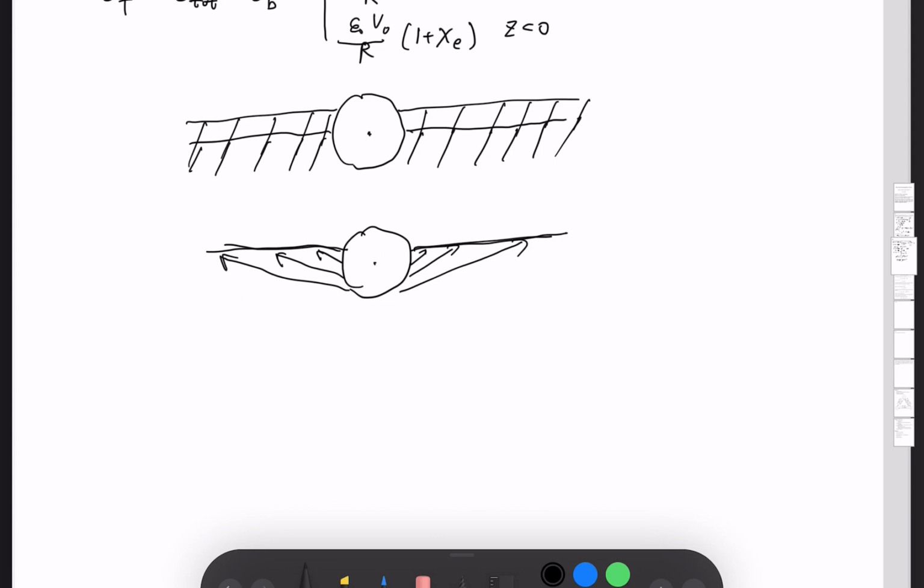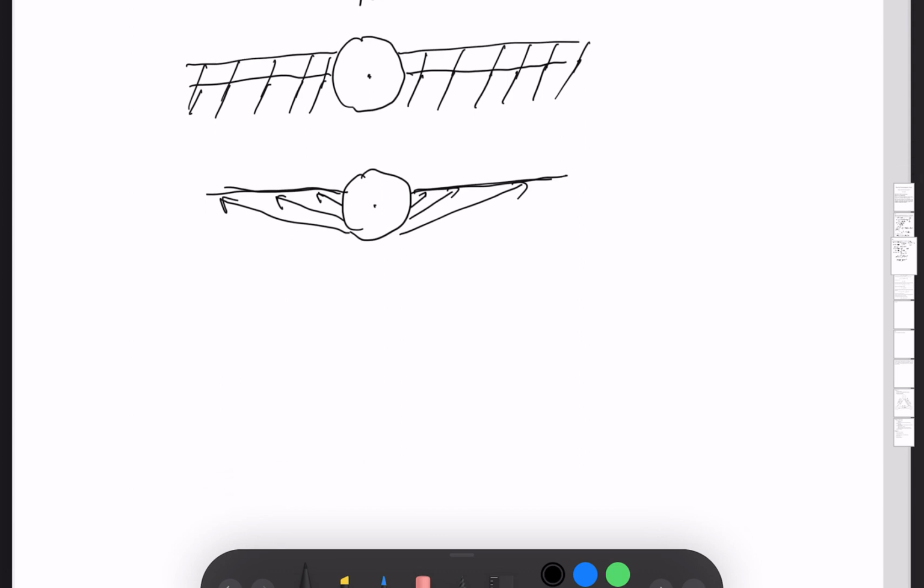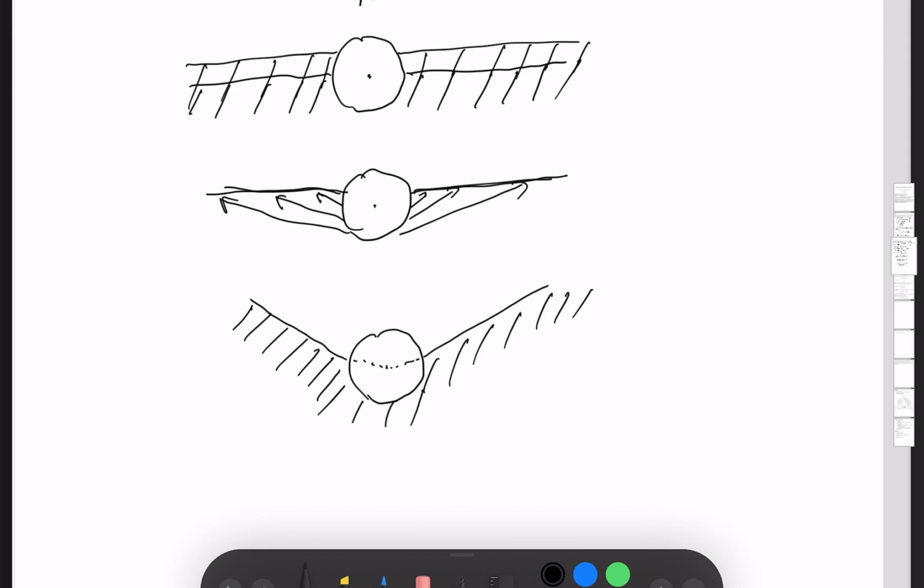However, a similar problem might still be solved. What I mean is, say this time I tweak it so that I have a dielectric material like this.